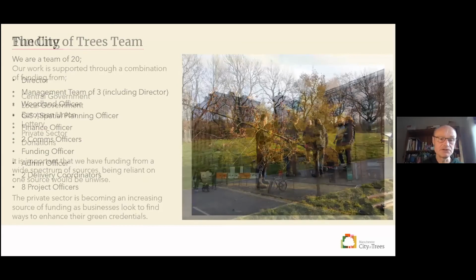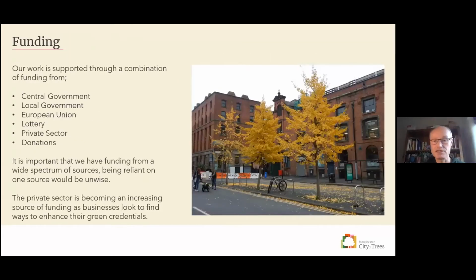In terms of our funding, the key thing here to stress is that we don't rely on one source of funding. That would be quite an unstable model. So our funding comes from quite a few different sources. We have support from central government. We have funding from the local authorities in Greater Manchester. We're still thankfully receiving funding from the European Union, which is a godsend.